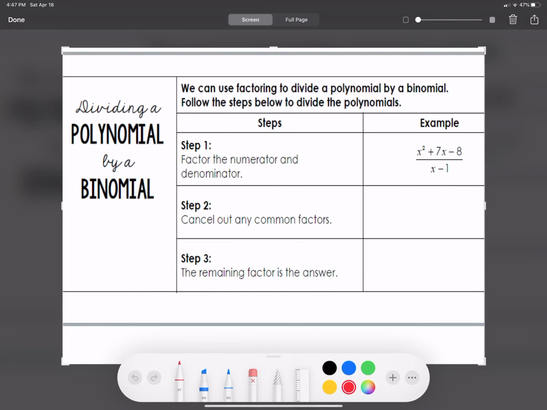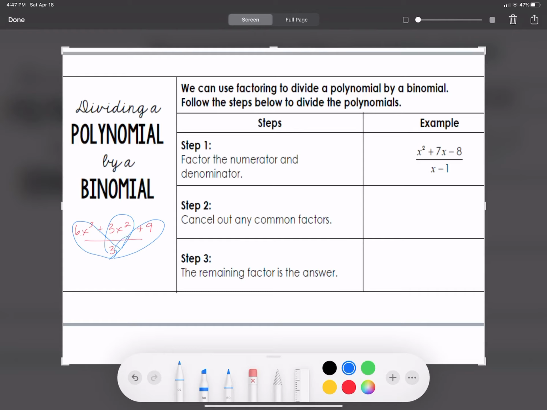Now, earlier in the unit, we divided polynomials by a monomial. So for example, we saw things like 6x cubed plus 3x squared plus 9 divided by 3. And we said that we could just divide the denominator into each term of the numerator.